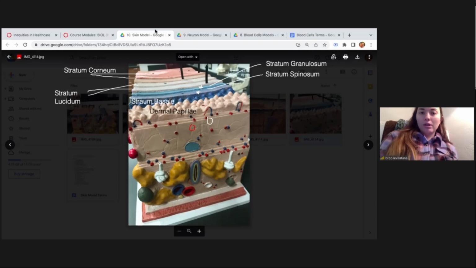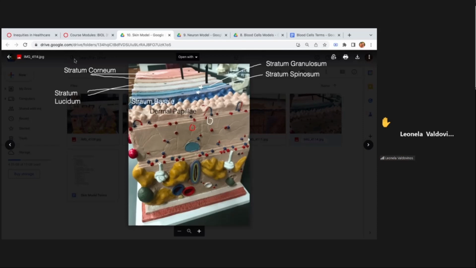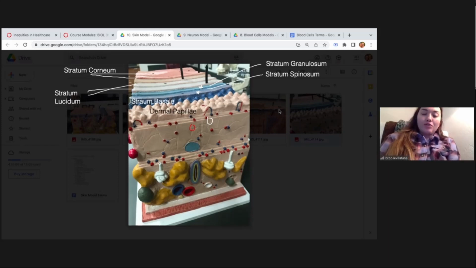Leonella, you said you had a question? Yes. I see that you labeled stratum lucidum, but I thought that it was only present in thick skin, like the palms of hands and the soles of feet, but there's hair follicles there, so I'm confused. That is a great point. I never thought of that. It's just because we want you guys to learn all the different layers.